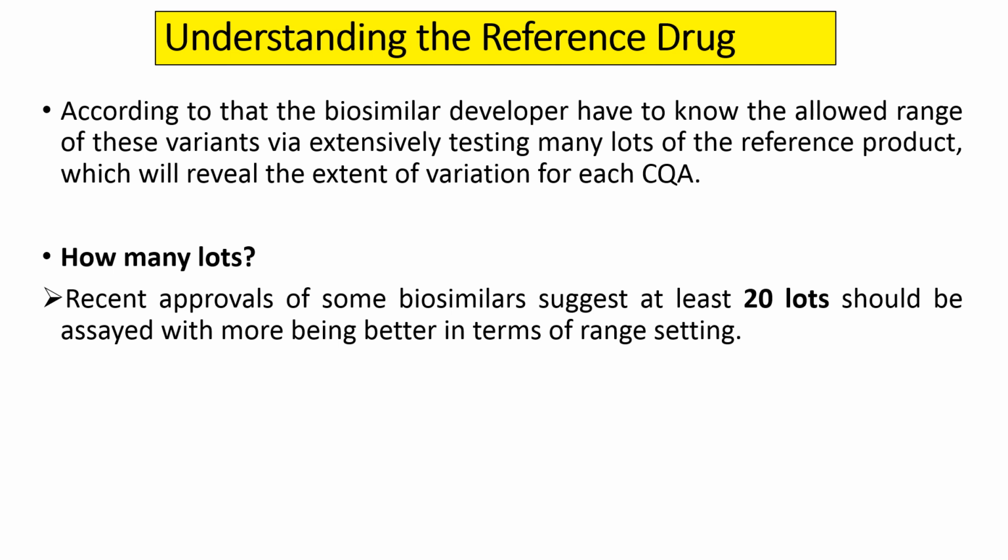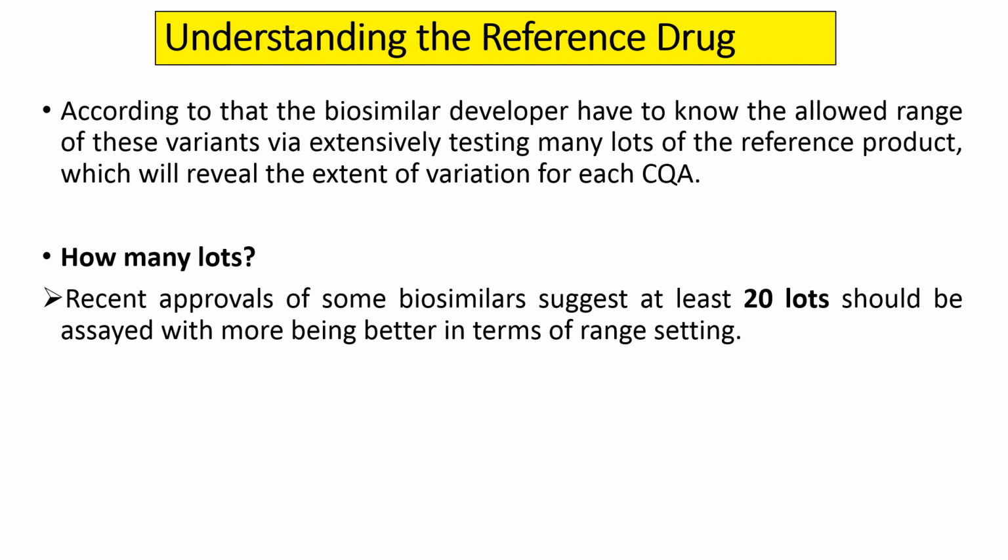But here, when we say that we want extensive testing of many lots of reference product, how many lots of that reference product should be tested in order to know the allowed range of these variants? Recent approvals of some biosimilars suggest at least 20 lots should be assayed, with more being better in terms of range setting.